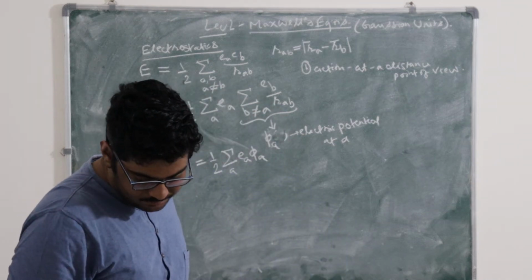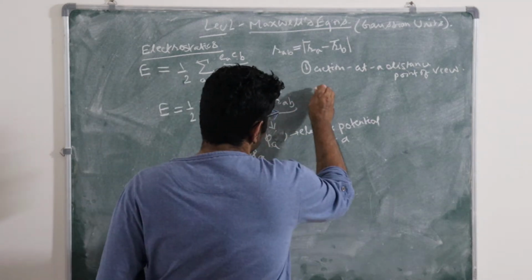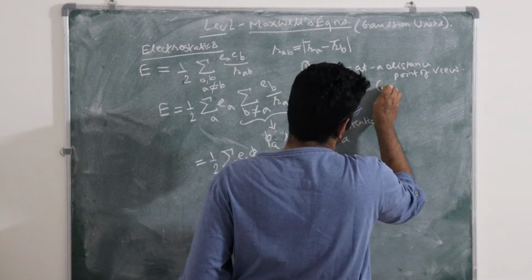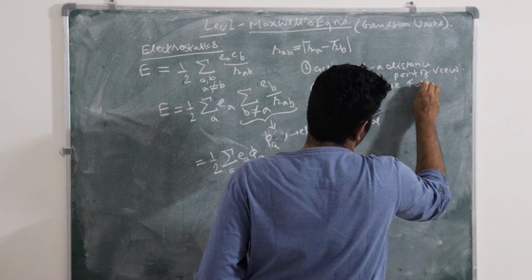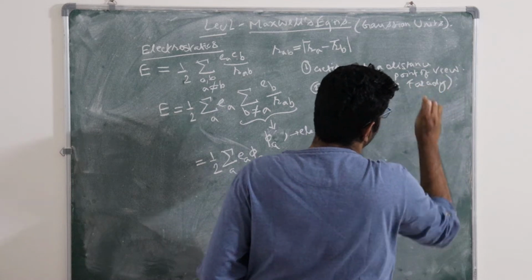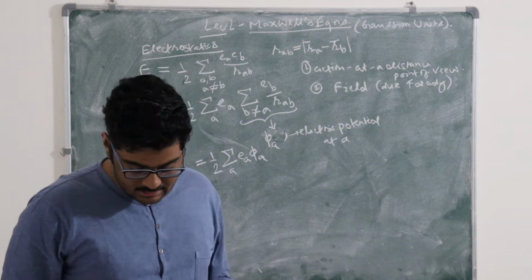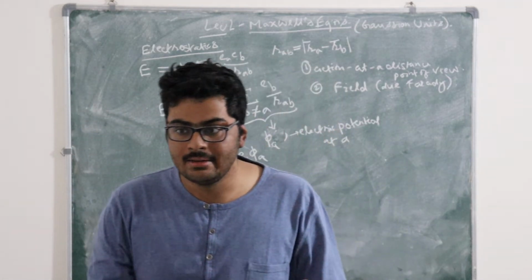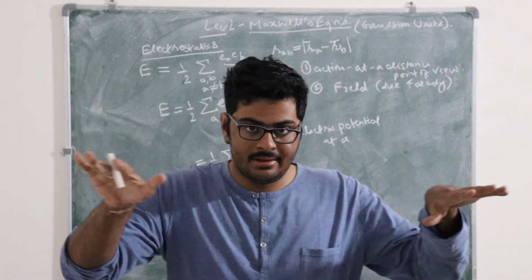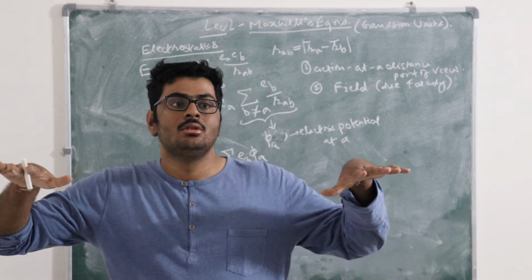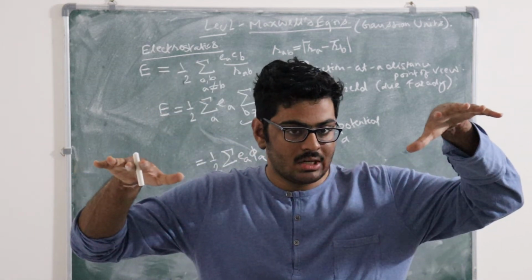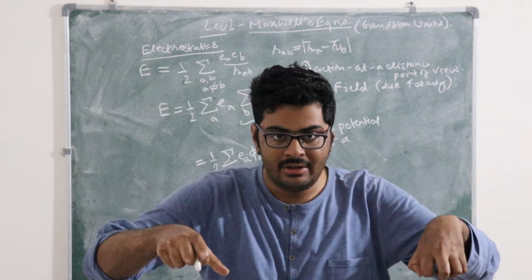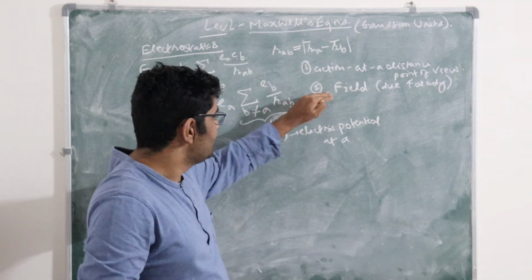Another approach is called the field concept, and this is due to Faraday. The field concept basically says that whether or not the particle is there, the field is everywhere. So two particles can interact with the help of a field, and you can transport energy. This is called the field concept.